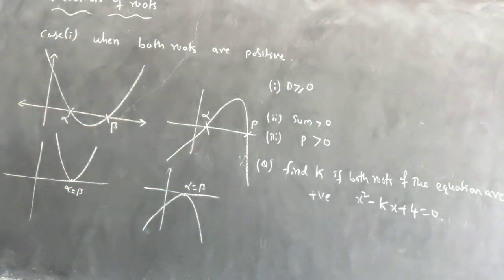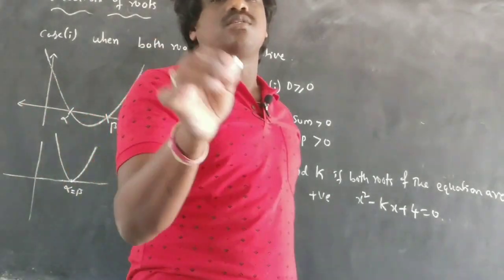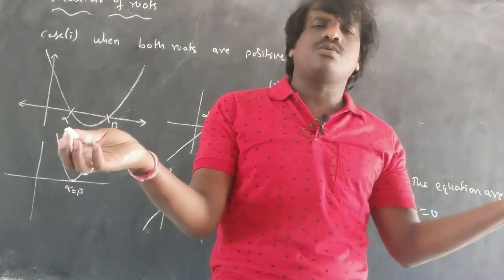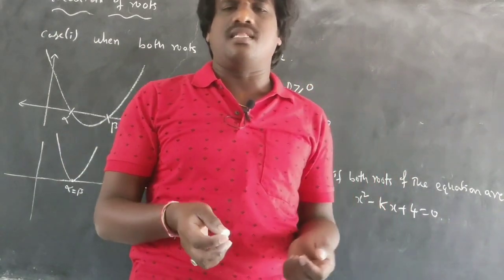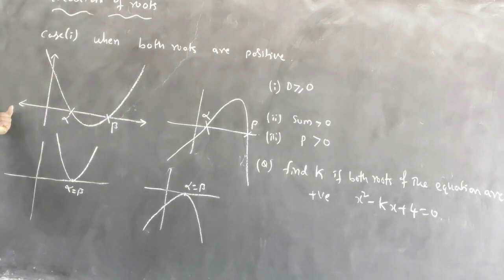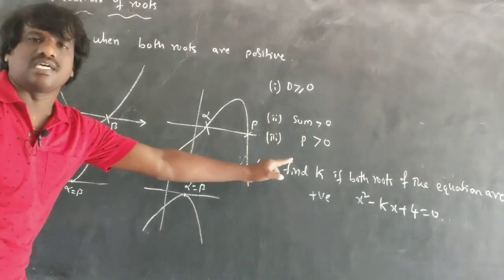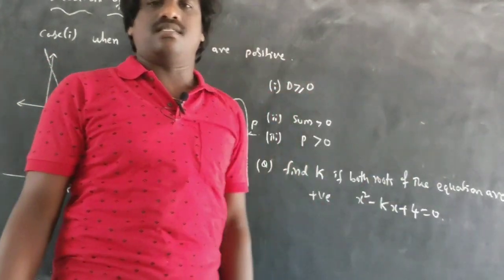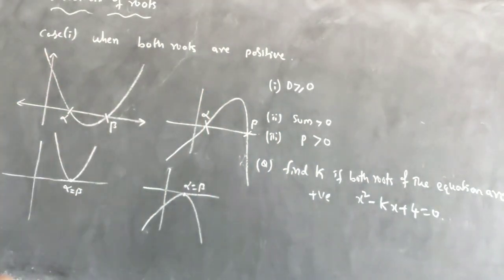These are the four possibilities for the roots to be positive. I cannot take graphs on the left side, because that is negative. I cannot take one root on this side and one on that side. I have to take alpha and beta both on the right side of the x-axis. Correct? So this is the case that will happen.